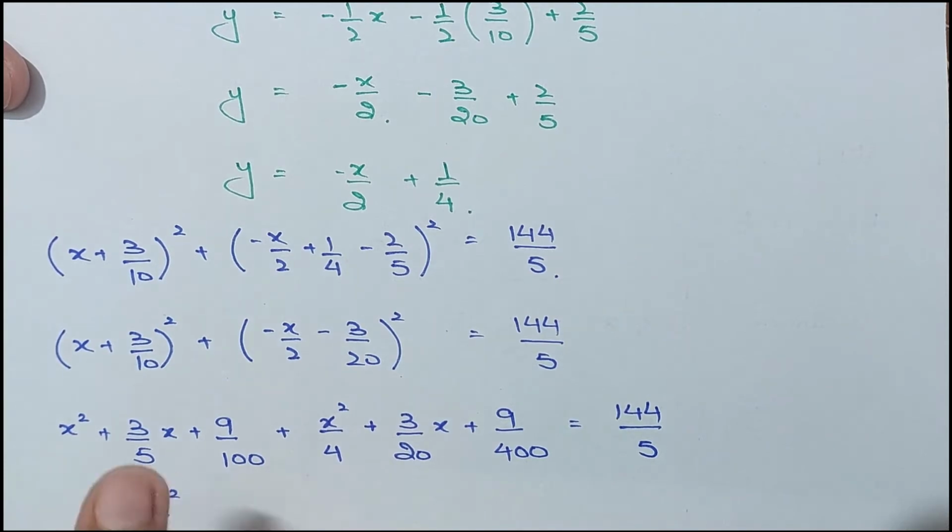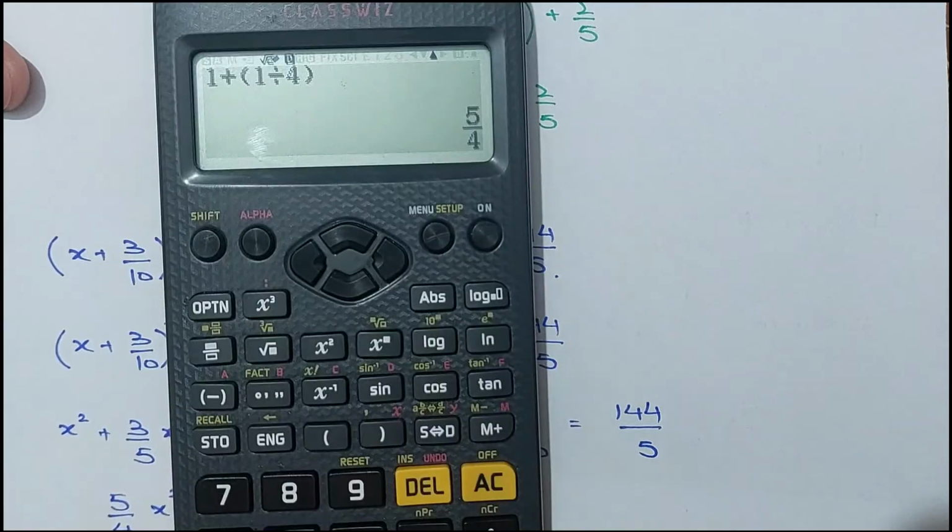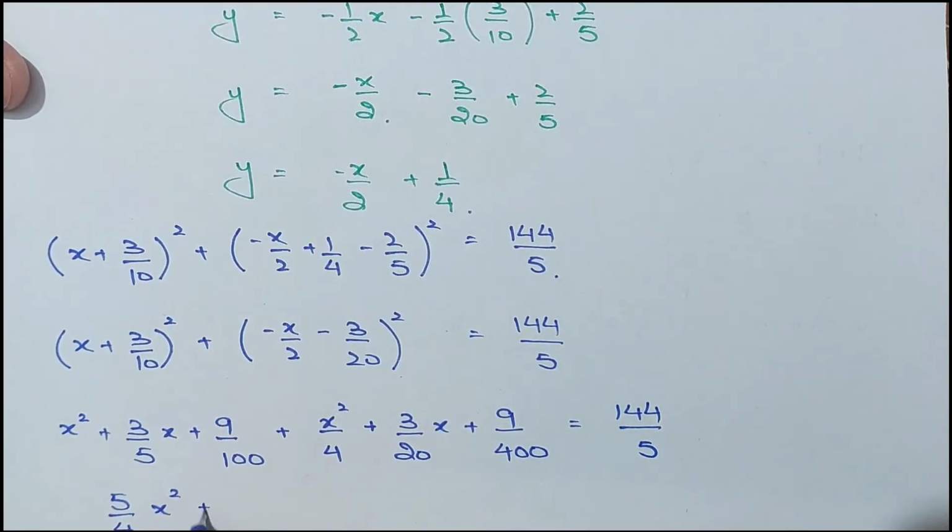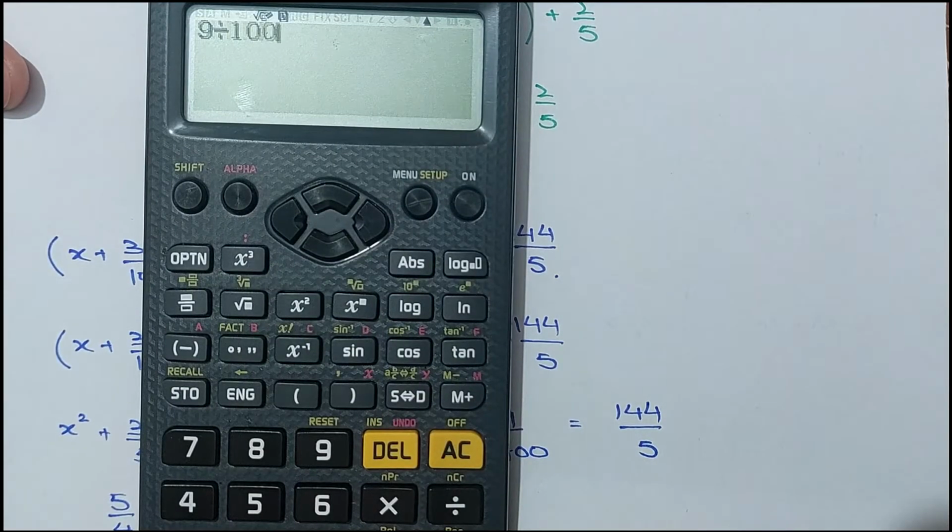All right, the x term is this and this, 3 by 5 and 3 by 20. 3 by 5 plus 3 by 20 is 3 by 4 x. These two are the constant term, 9 by 100 and 9 by 400, which is 9 over 80, and we have 144 by 5.